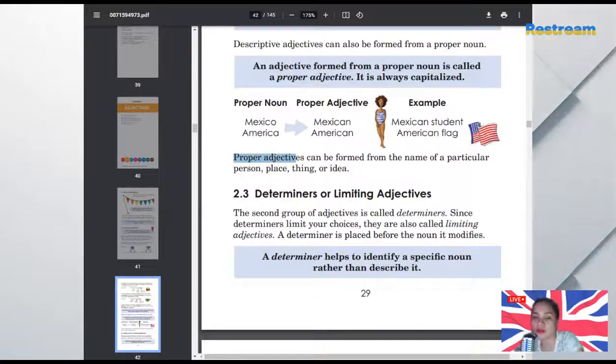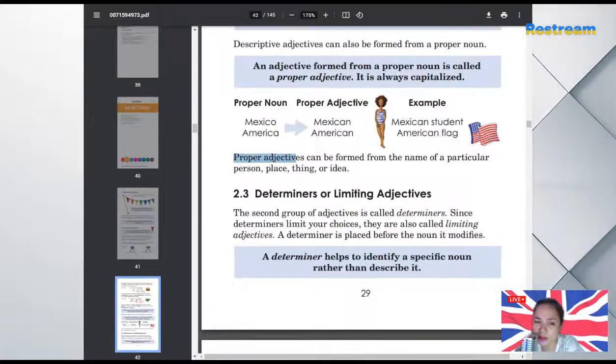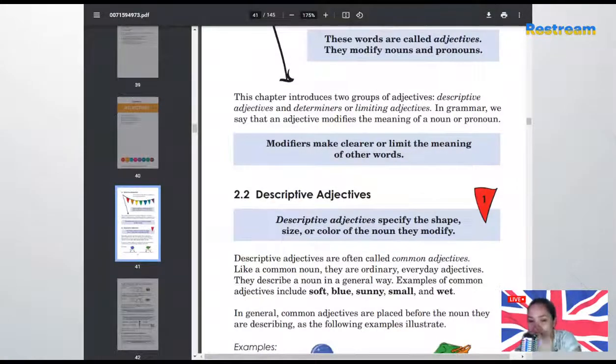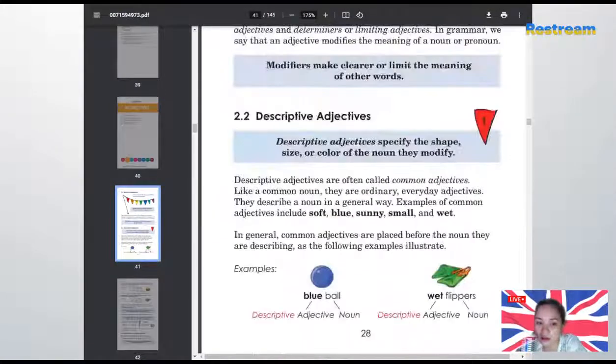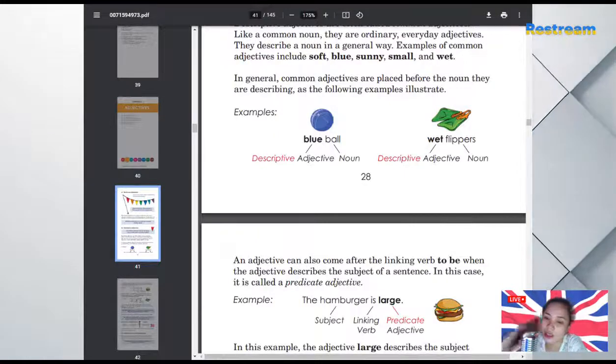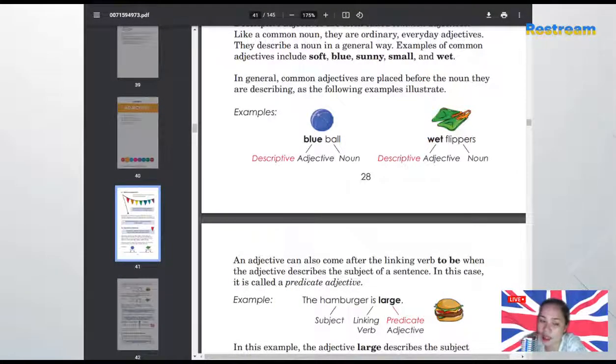So in total, for this topic, descriptive adjectives, we have three. The common adjectives are the adjectives that we use every day. With the common adjectives, it always starts with an adjective first and then the noun that is being described or modified.